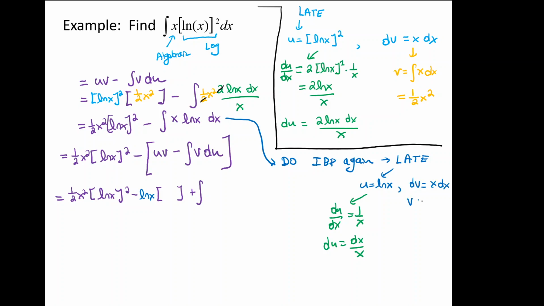This looks familiar. I think we did this already in an earlier example. We'll do it again. It's okay. So that's our v, 1/2 x squared. So ln of x times 1/2 x squared, and v, 1/2 x squared, times du, which is dx over x.